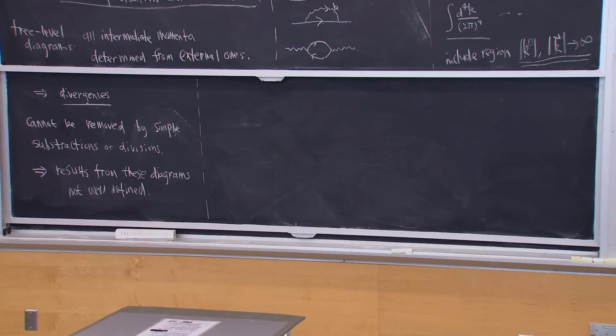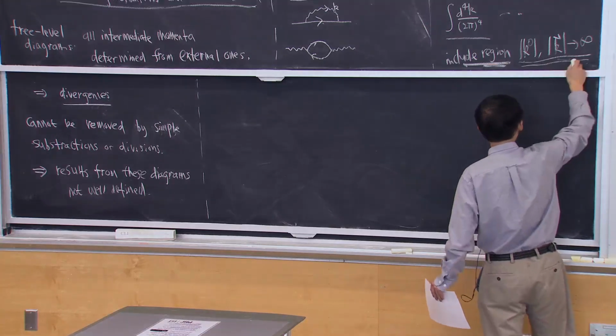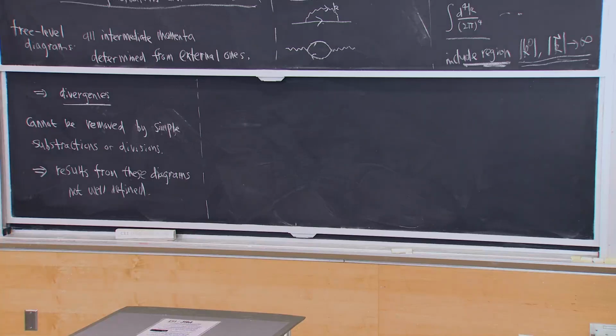The physics missing here is very simple. The divergent region corresponds to those quantities going to infinity, which corresponds to very high energy and very large momentum. In other words, very short distance physics.